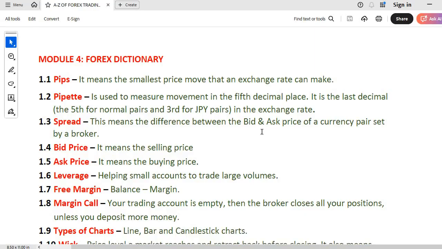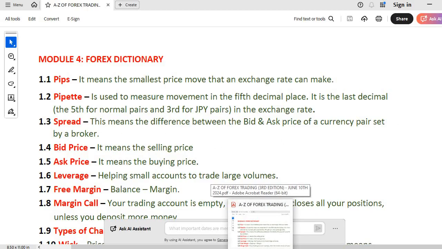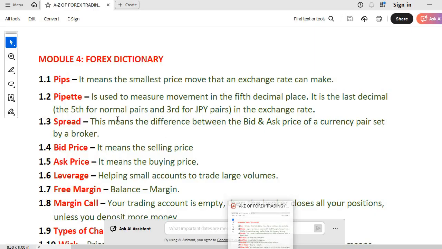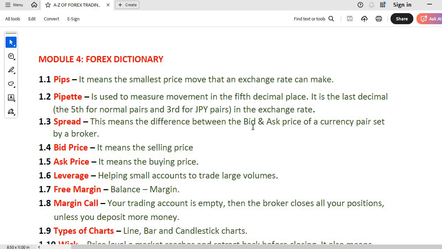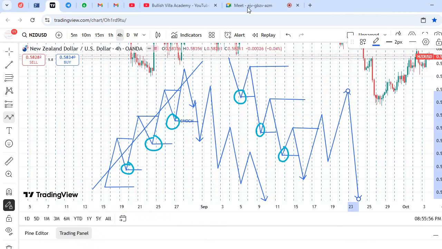So spread is just the difference between the bid price and the ask price of a currency pair that is set by a broker. Please can you all see the screen? Yes, sir. Spread is the difference between the bid price and the ask price of a currency pair that is set by a broker.